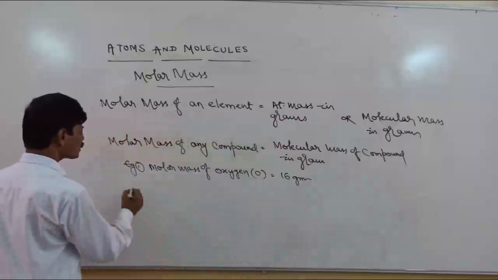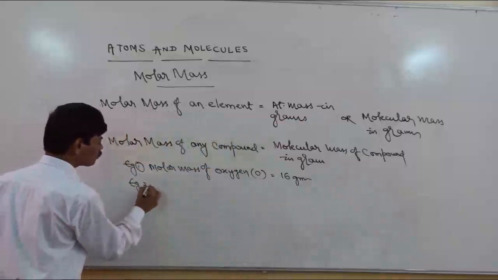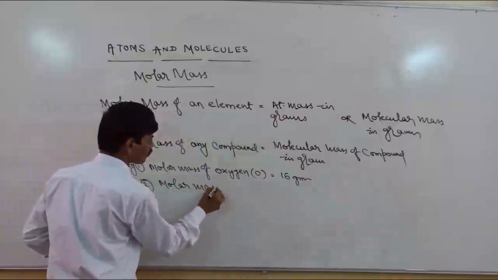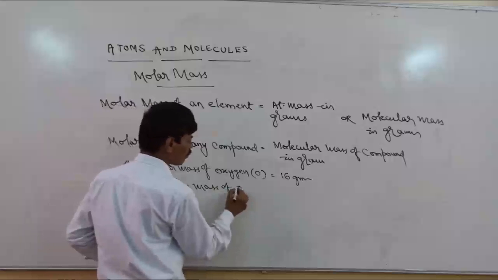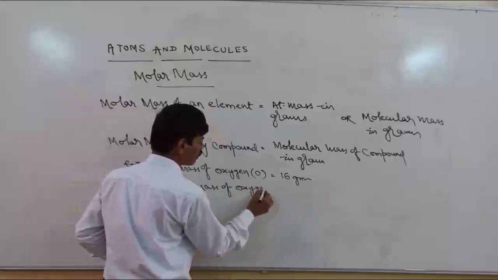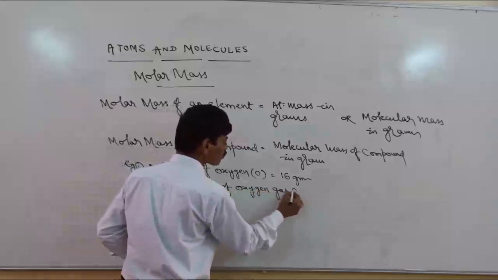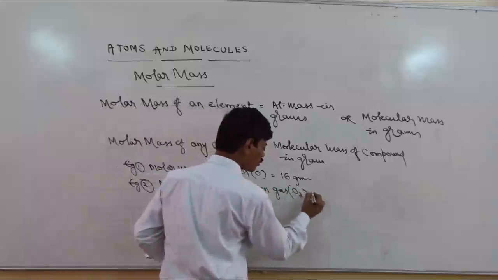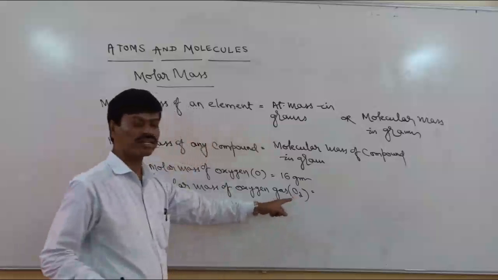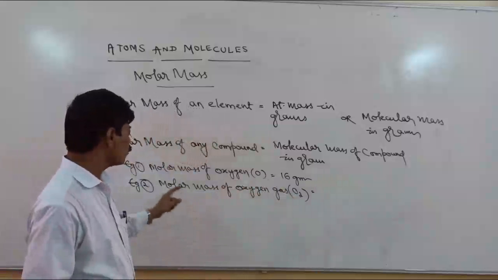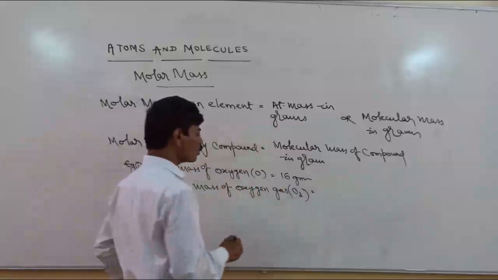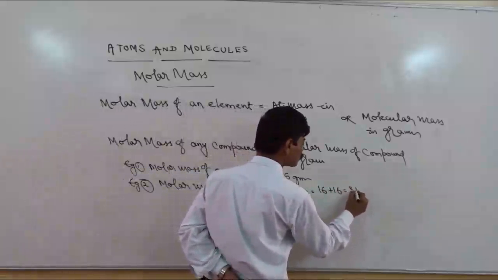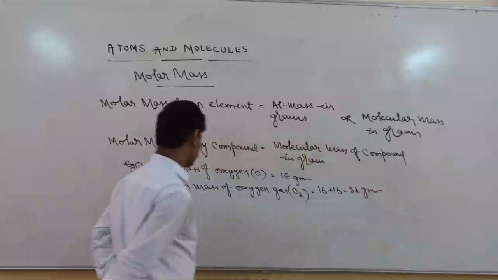That's all. Next, example 2. Molar mass of oxygen gas. For oxygen we write O. So here O2 is a molecule, O is an atom. So molar mass of oxygen gas O2 is equal to 16 plus 16, that is 32 grams.